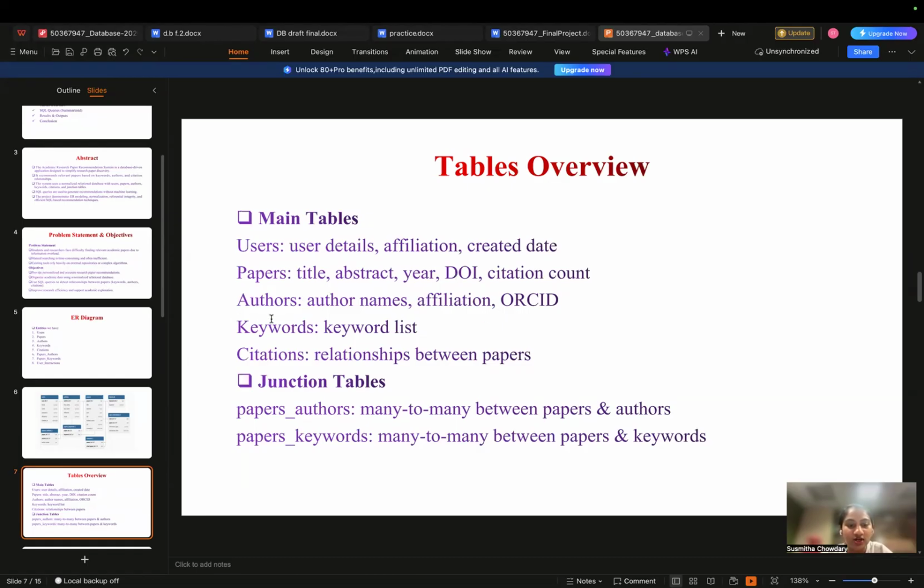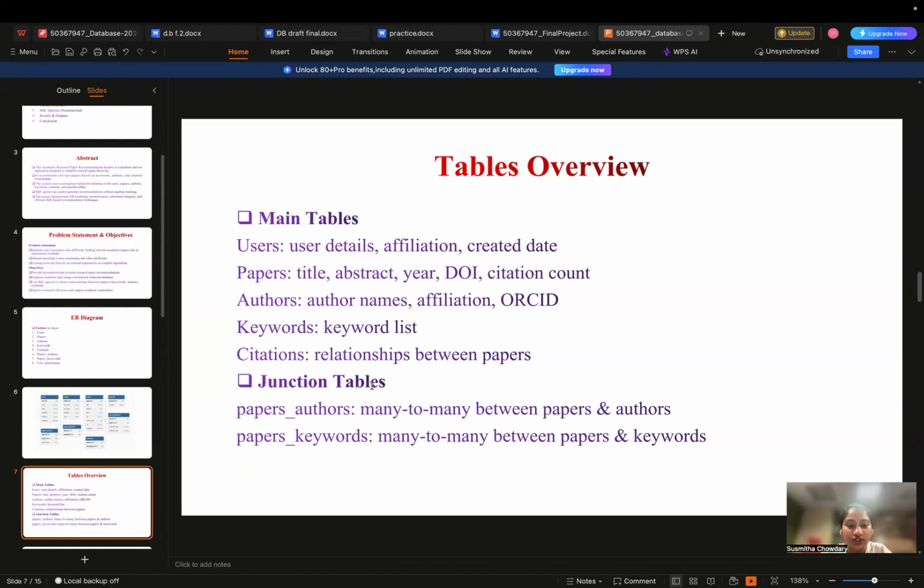And there is a keywords table with keyword ID and keyword name. And also we have citations that has relationships between papers. The citations table tracks which papers cite each other.